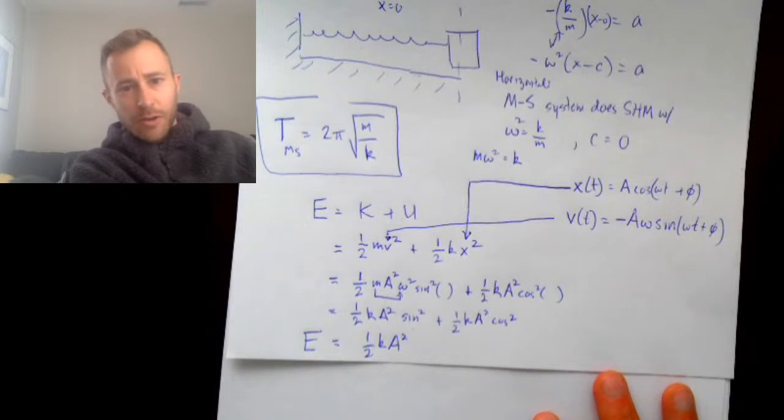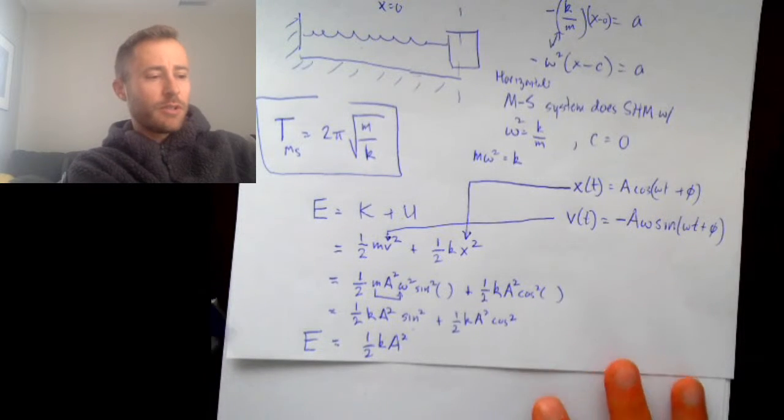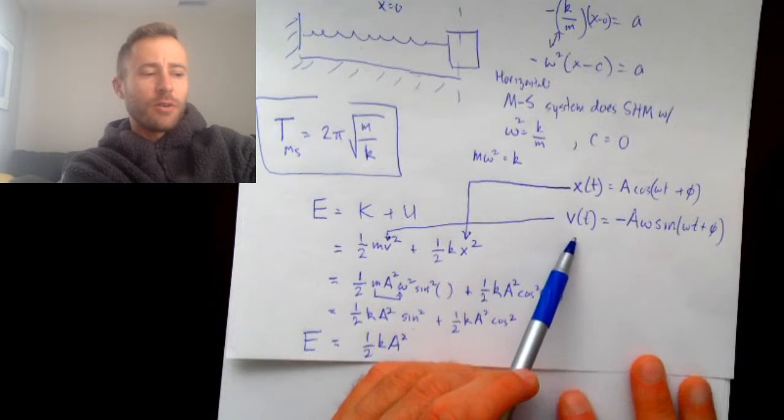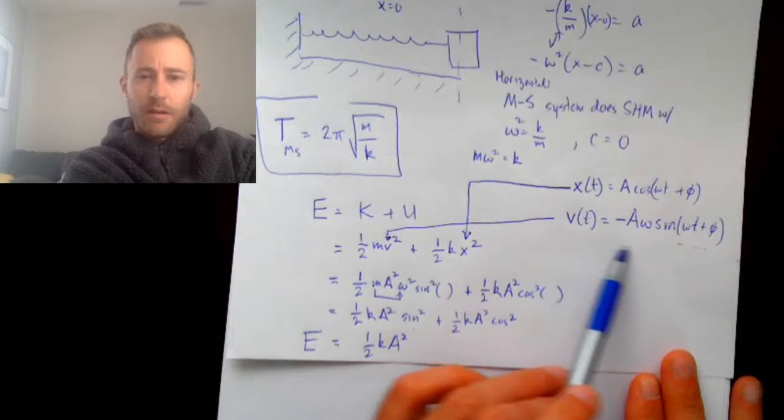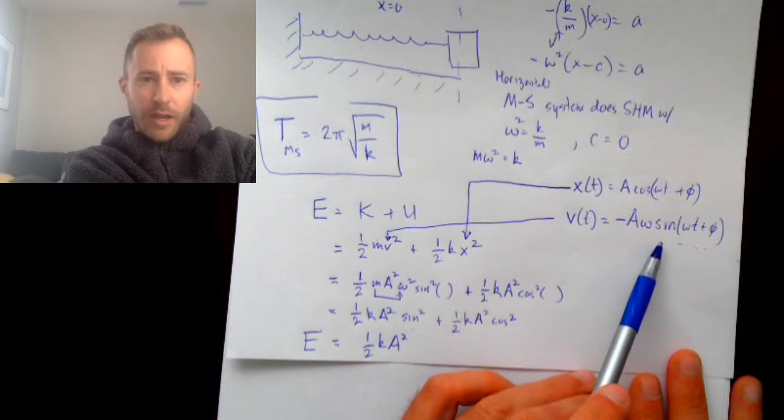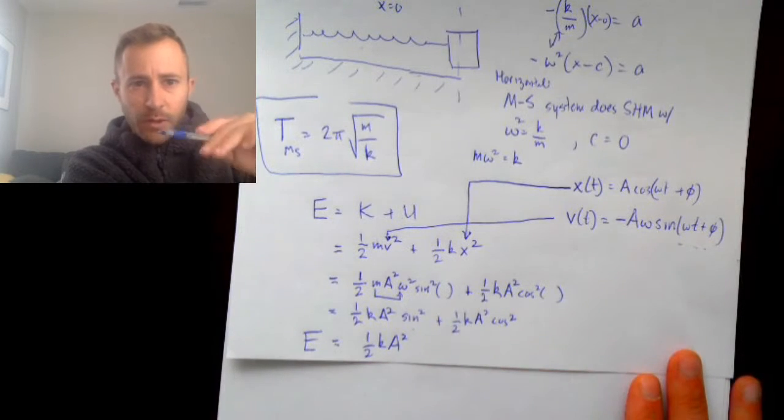Some other things I want to talk about. So we're going to derive some additional equations. So this equation right here, if you think about sine, the sine function wiggles between +1 and -1.